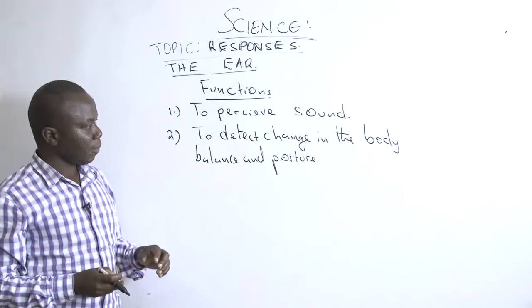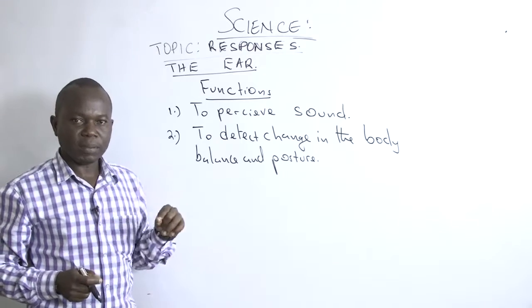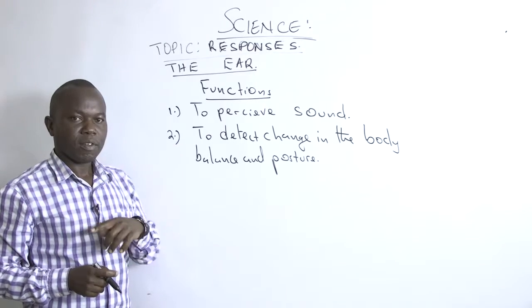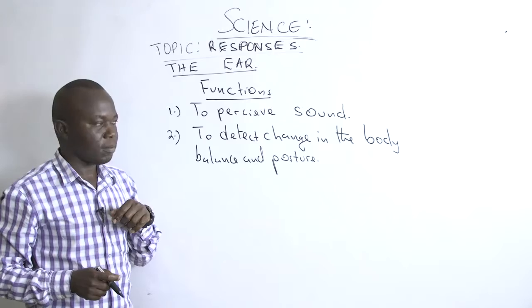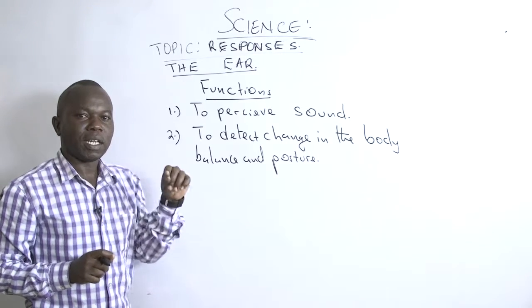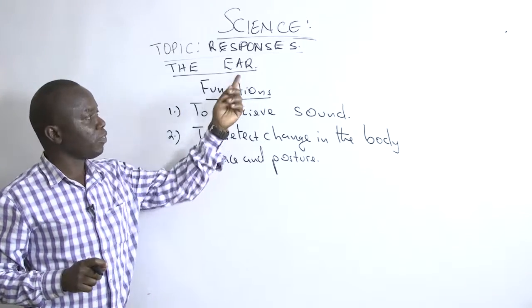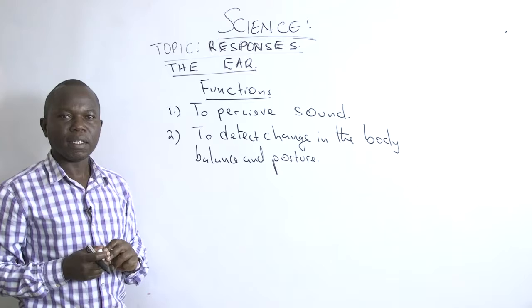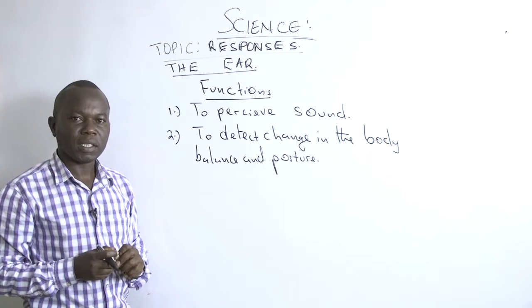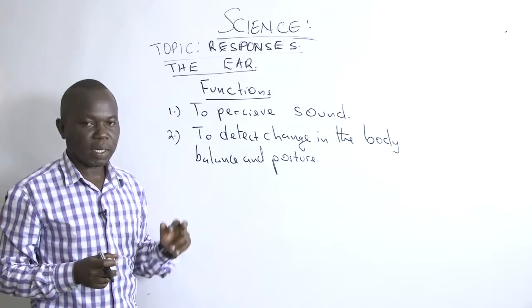This means, for example, if you swirl or spin for some time and then you stand still, you realize that it is like the world is going round. It is because of the functionalities in the ear that bring about such a sensation. So we are going to find out how this happens.